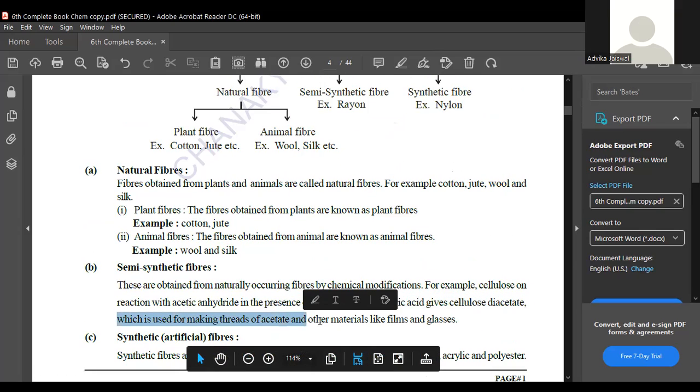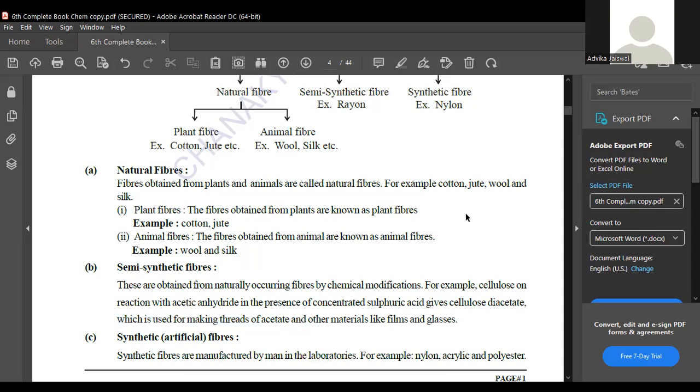This line. How do we spell that? Films. That is films. What are they? Films means something like camera films, right? Or thin sheets. Films are nothing but those which are used in some industries.